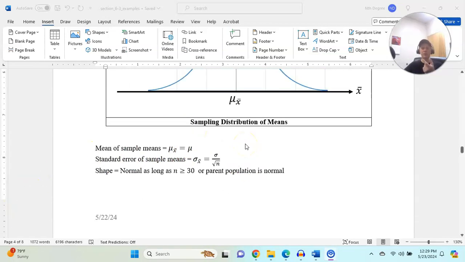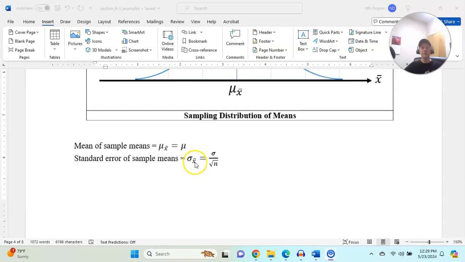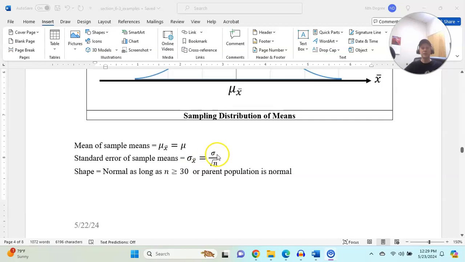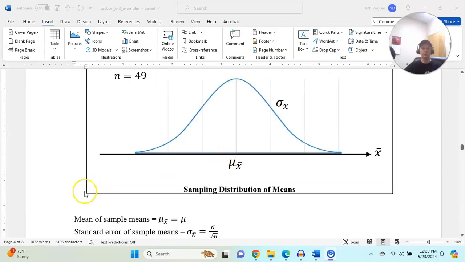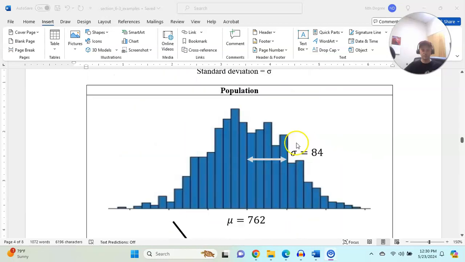As far as the measure of spread, the width of this curve, the error of the sample means is again not intuitive, so we just need to memorize this formula. And again, it's short and simple. The standard error turns out to be the population standard deviation over the square root of n. So in this example, that population standard deviation again was 84, right?